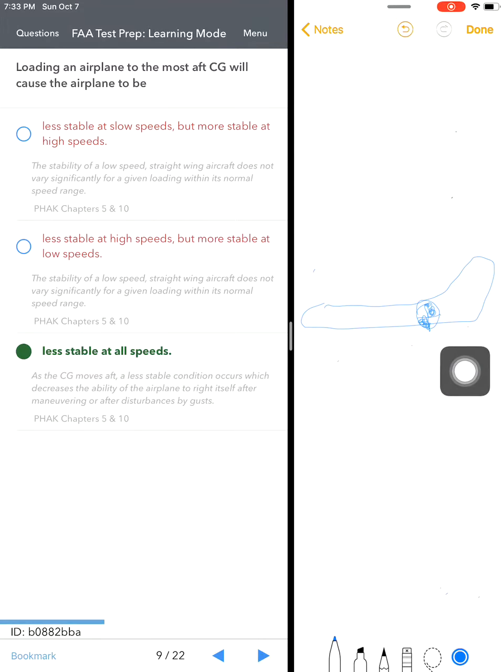For economy it is very good, but stability is not good. Okay, you're more stable at forward CG. That's where you're more stable, not aft. Aft's just efficiency is better, fuel economy is better.